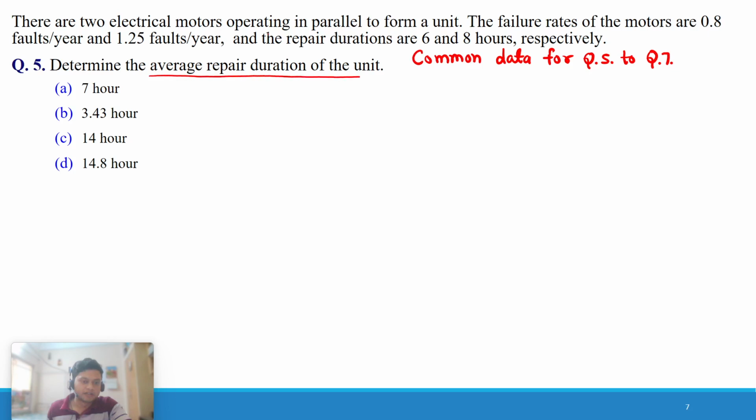This problem is based on repairable components connected in parallel. Whatever we have seen in the first slide, we have to follow that. First we will write what is given in this problem.